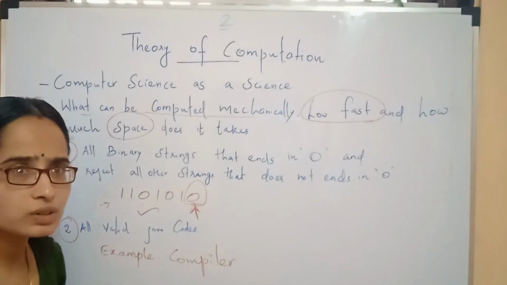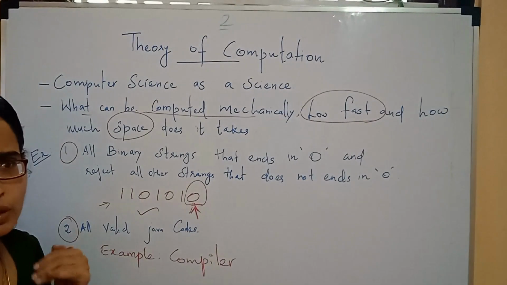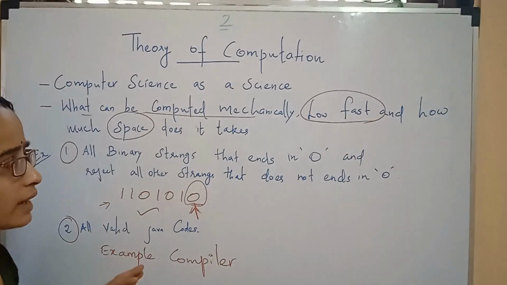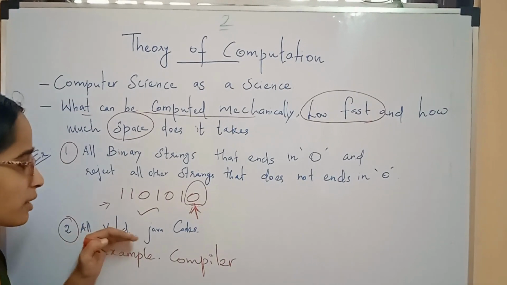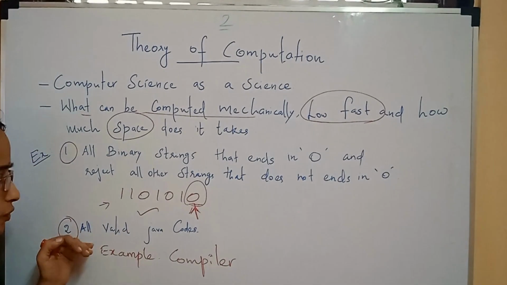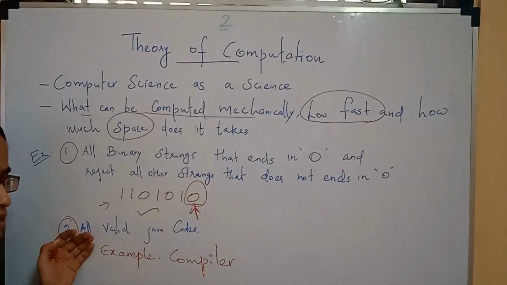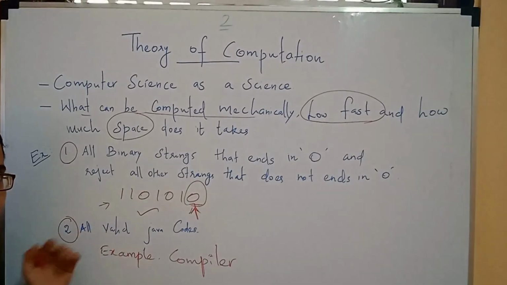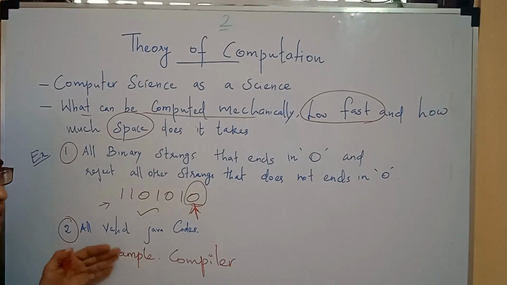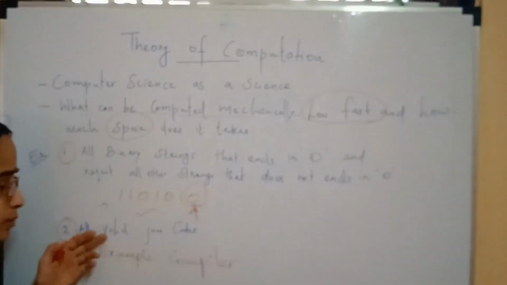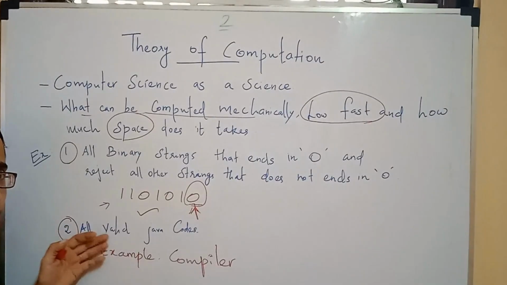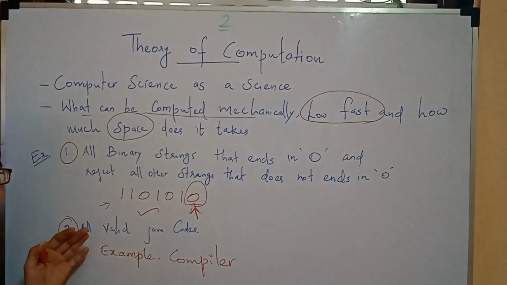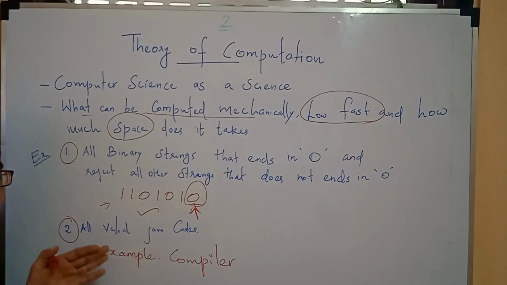Now we'll see what problems cannot be solved by the machine. A simple example: take the same second example. You have to design a machine that should accept all valid Java codes. I'm adding one more statement: the machine should accept all valid Java codes, and you have to confirm that the given string does not go into an infinite loop.